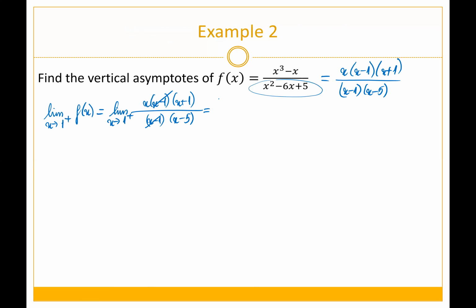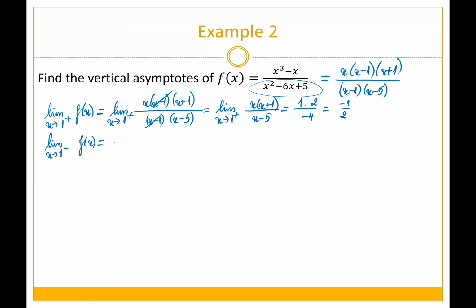So we can cancel these out, and what we have is the limit as x approaches 1 plus of x plus 1 divided by x minus 5. Therefore, this is going to be 2 divided by negative 4, which gives me negative 1/2. Now we have the limit as x approaches 1 minus of f(x).